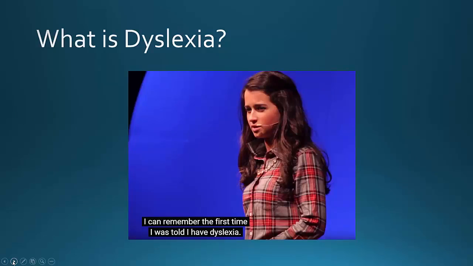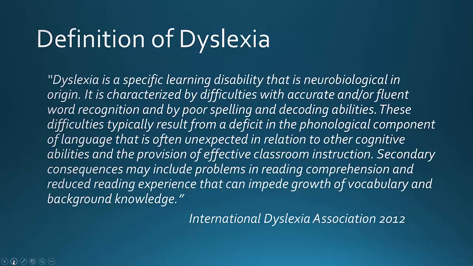What is dyslexia? The Ohio Department of Education has adopted the International Dyslexia Association's definition of dyslexia, which reads: dyslexia is a specific learning disability that is neurobiological in origin. It is characterized by difficulties with accurate and/or fluent word recognition and by poor spelling and decoding abilities.